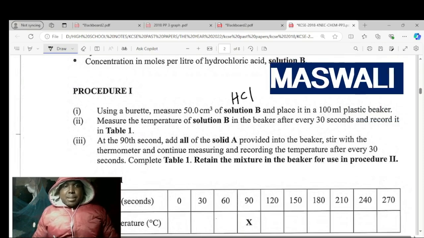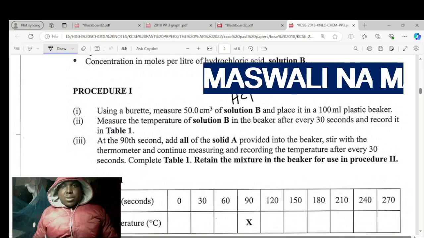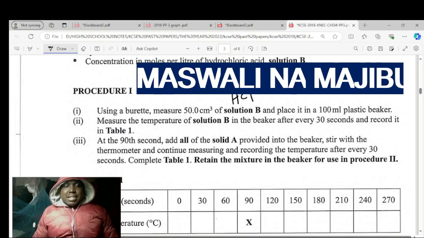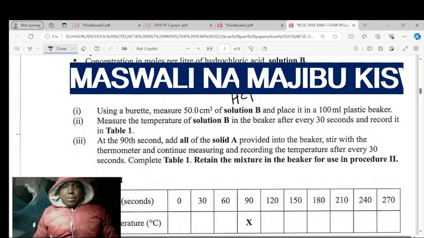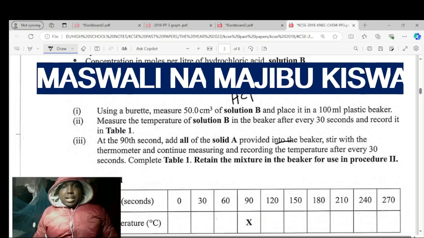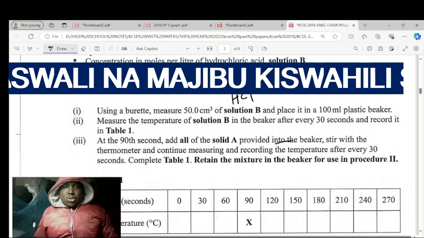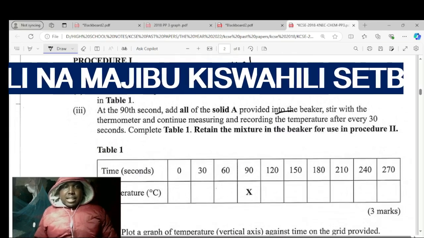Measure the temperature of solution B in the beaker after every 30 seconds and record it in the table. At the 90th second, add all the solid A provided into the beaker. Stir with the thermometer and continue measuring the temperature and recording it after every 30 seconds.